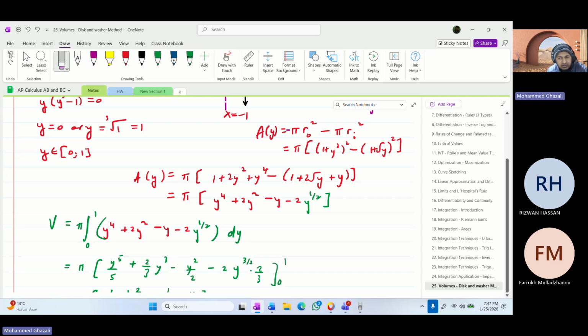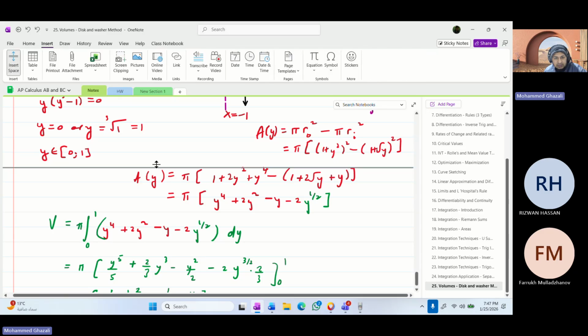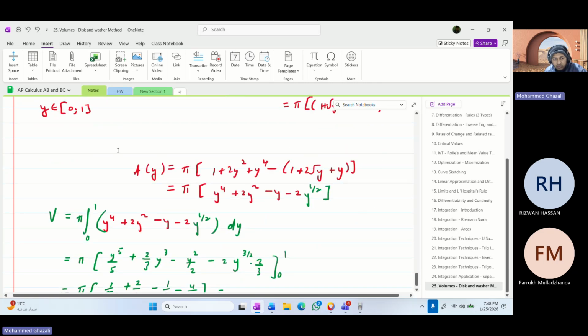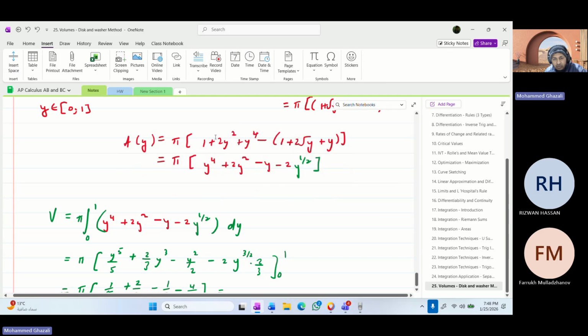The formula was right. I just need to switch the bottom parts. Sorry, guys. Switch it around, and then all of this will also switch around. We will come to the answer.